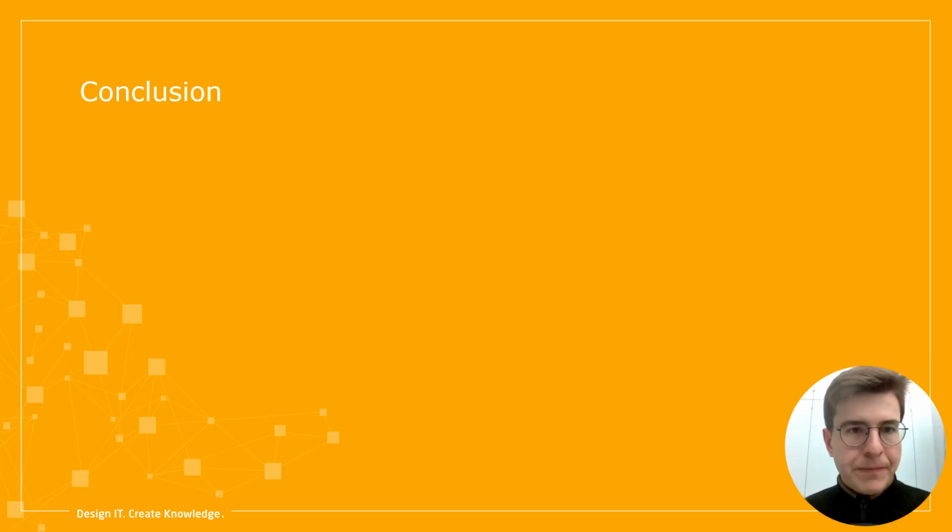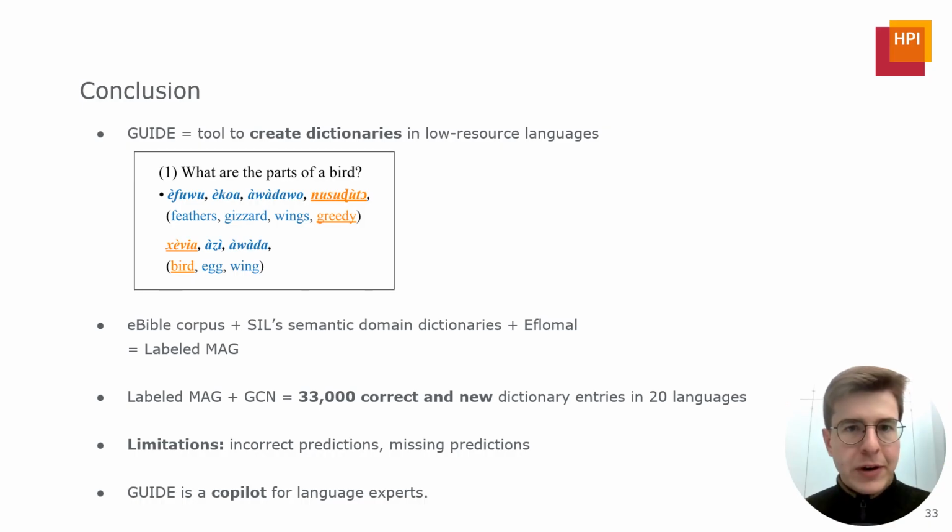Let's conclude. Guide is a tool to create dictionaries in low-resource languages. It uses the eBible corpus, SAL semantic domain dictionaries, and eFlomal to create a multilingual alignment graph labeled with known word semantic domain question links. A graph convolutional network convolutes this graph to predict 33,000 correct and new dictionary entries in 20 languages.